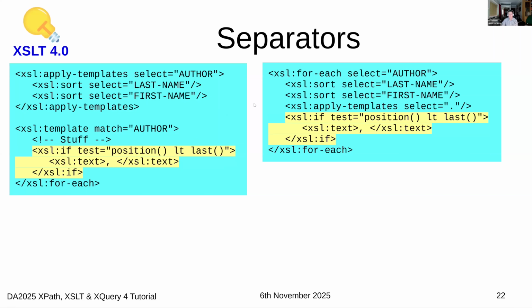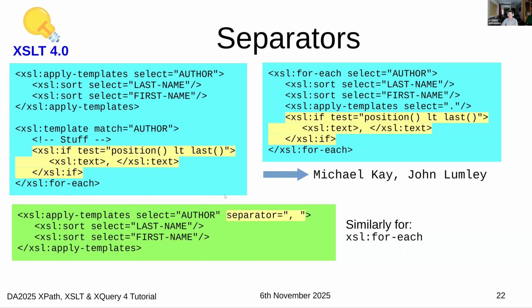Okay, as you see, it's the same sort of thing. Here we've got a case where we wanted to do some template matching or for-eaching, and we want to separate between elements in order to get things like Michael K, John Lumley. And this is just tedious.